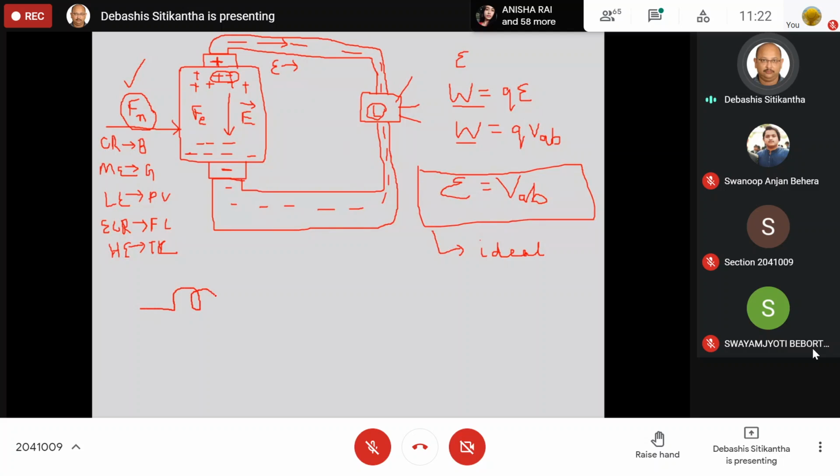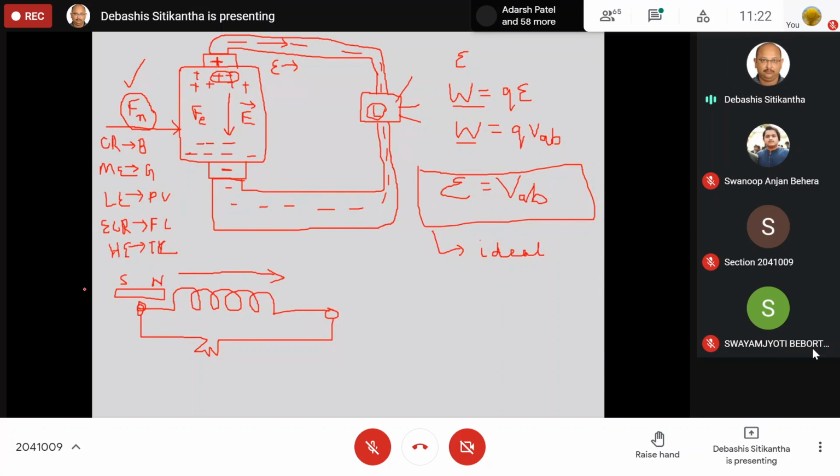Suppose I have a conductor which is made in the form of a coil like this. Then across this coil, I am going to connect some load. Let us say I will connect a tungsten filament lamp. It is a resistive load. Well and good. Now I will take a magnet over here with a north and south pole like this, and I will try to move it in this direction.